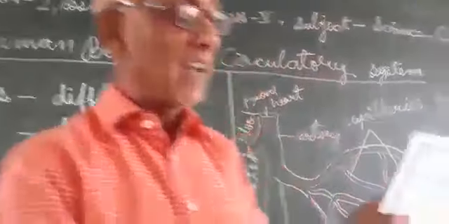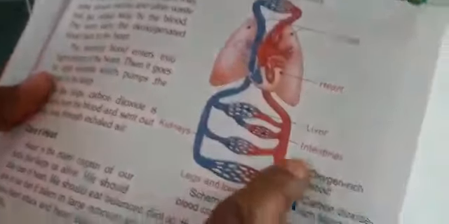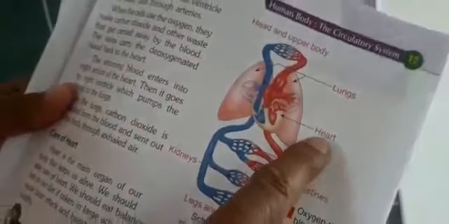Here is a diagram. You can see legs and lower body, kidneys, intestines, liver, heart, lungs, head and upper body. Oxygen-rich blood, carbon dioxide-rich blood. Diagram showing blood circulation around the body.